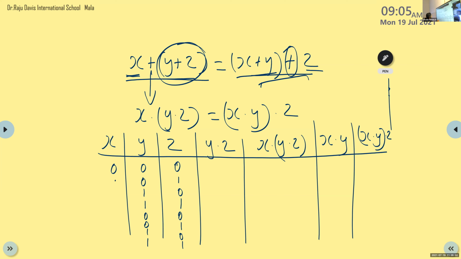The last column is 0 0 0 0 1 1 1 1. Then first you want to find y dot z. Y dot z means y into z. That is 0 into 0, 0 into 1, 1 into 0, 1 into 1, just like that. After that, calculate x dot y dot z. Any doubt, Naveen?